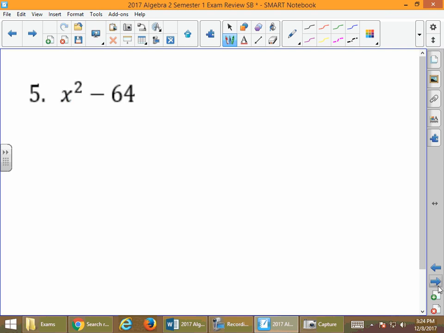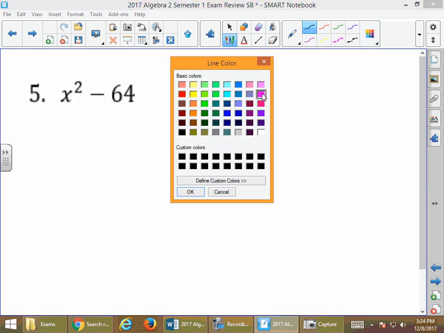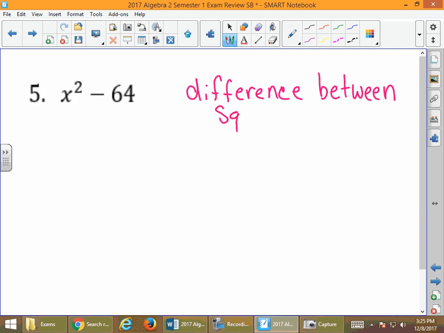Number 5. It looks remarkably similar to problem number 2. But here in this problem, we actually do have a minus sign. And therefore, we can factor. This is the difference between squares. And when we factor, we're going to do 2 parentheses here.